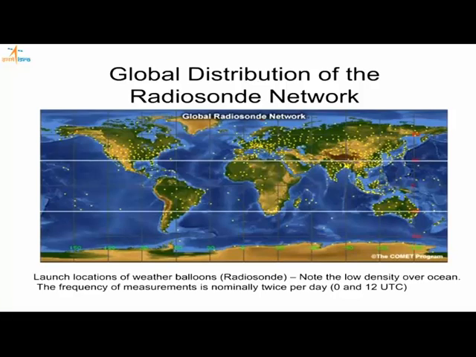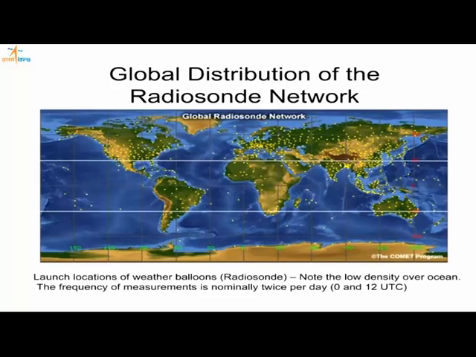So they are highly localized over land regions, and added to that, these observations are taken only twice per day, that is at 0 and 12 UTC every day over these stations. So this makes it a very low density observation over land as well as ocean.